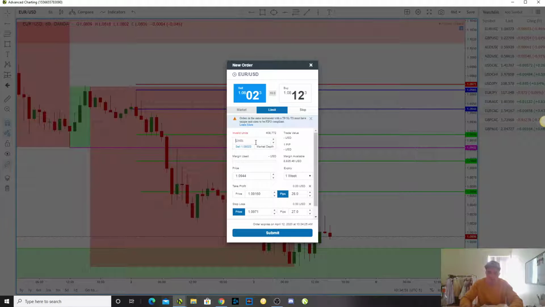$27 to 28, that's pretty close. $37.1. The only problem is that means I gotta type in that many more targets. So it's gonna be like 12.3, 12.4, and 12.5.